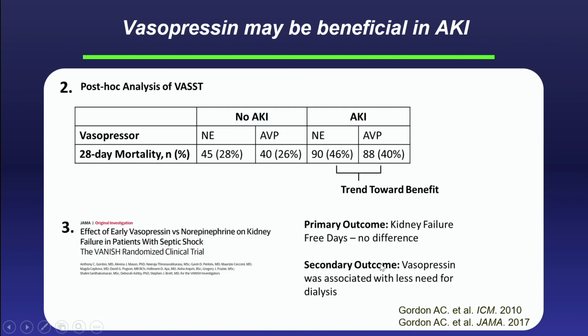There was a large randomized controlled trial that was published in 2008 called the Vasopressin versus Norepinephrine study in septic shock. I'll talk a little bit more about that, but that's the VASST trial, and that overall was a negative trial. Afterwards, they did a follow-up analysis where they looked at stratifying patients with AKI or no AKI. And they found that in the AKI population, potentially there was a lower risk of mortality.